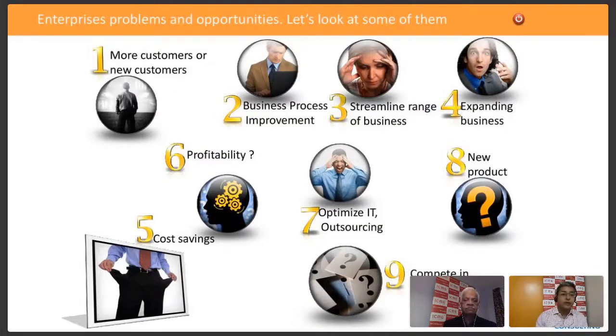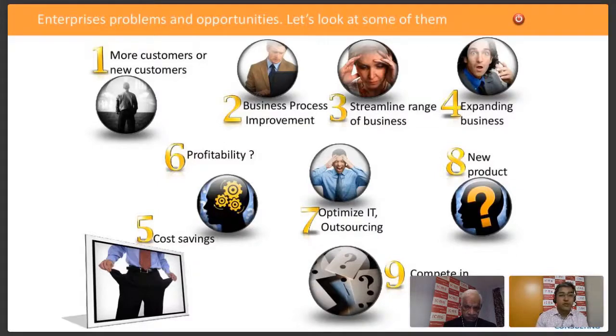If you just take an example here, I'm trying to make it simpler and easy to see. I picked around 9 different opportunities, or solution needs as well as demands, for a CEO, a department head, the product heads, the IT heads, or the sales director. You can see I just numbered them 1 to 9.